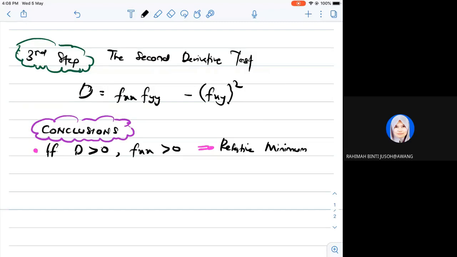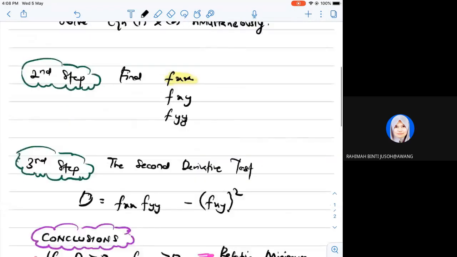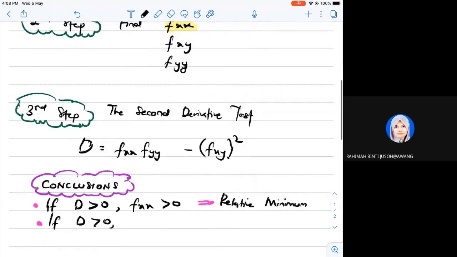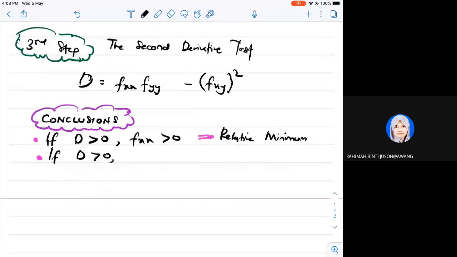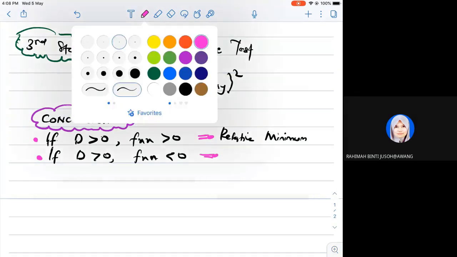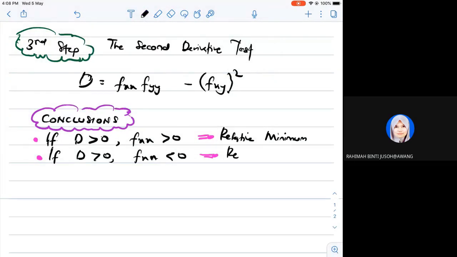And then, again D greater than 0, but if you check fxx and you calculate fxx and get less than 0, therefore the conclusion is relative maximum. Relative maximum.